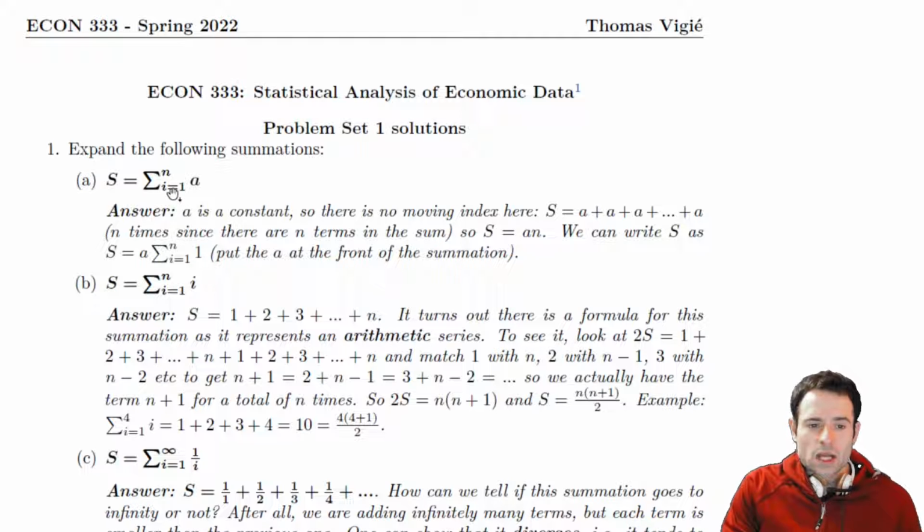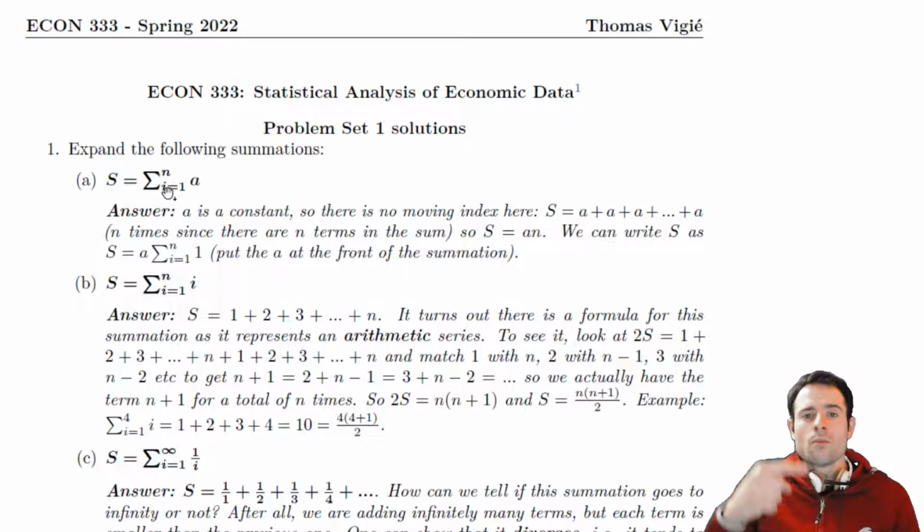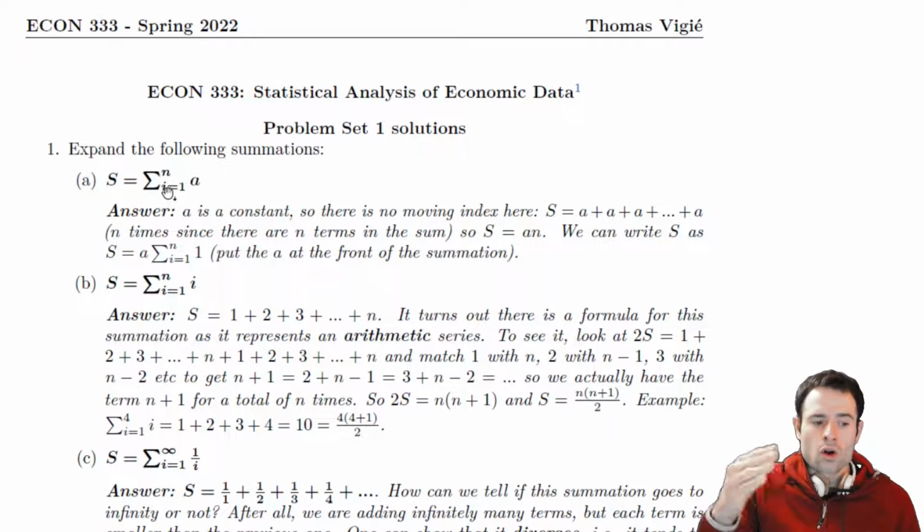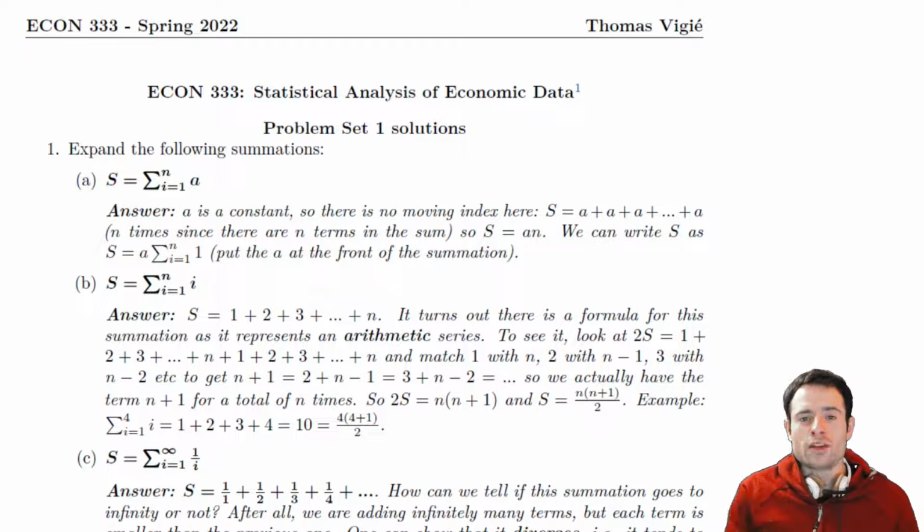This means that the index i is going to be the index that's going to be moving as we go along the sum. If a term doesn't have any index i, then it will not change from the first term to the second term. The upper index represents how far the sum is going to go.